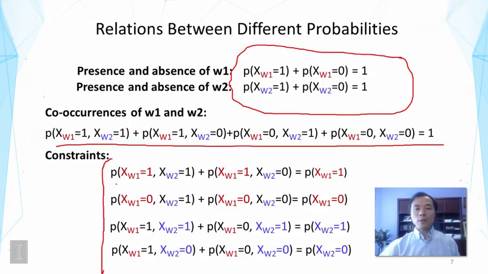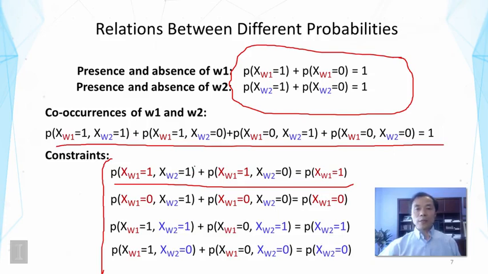And so, for example, this one means if we add up the probabilities that we observe the 2 words occur together and the probabilities when the first word occurs and the second word doesn't occur, we get exactly the probability that the first word is observed. In other words, when the first word is observed, there are only 2 scenarios, depending on whether the second word is also observed.